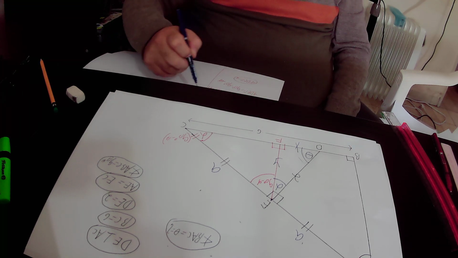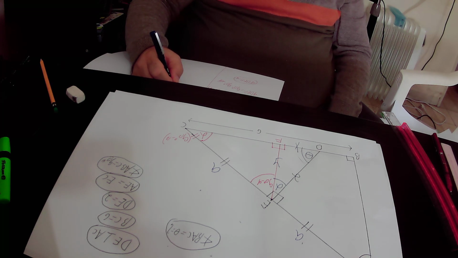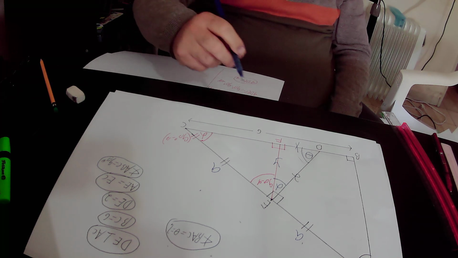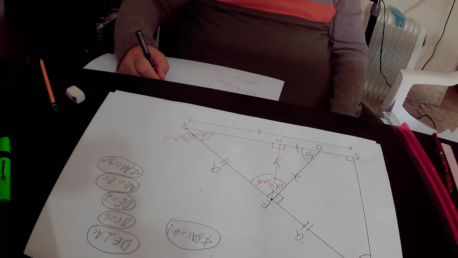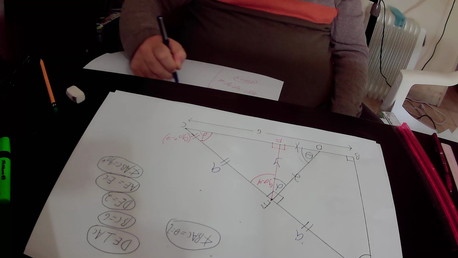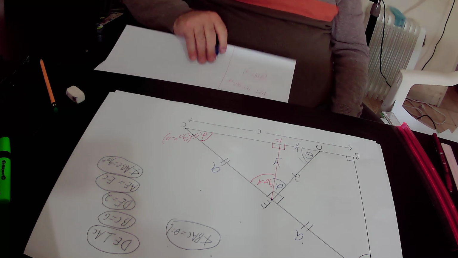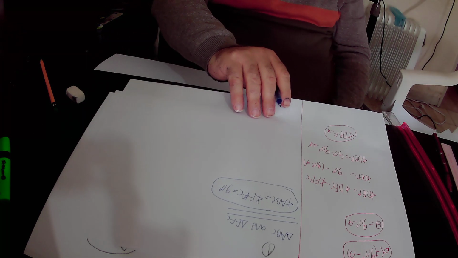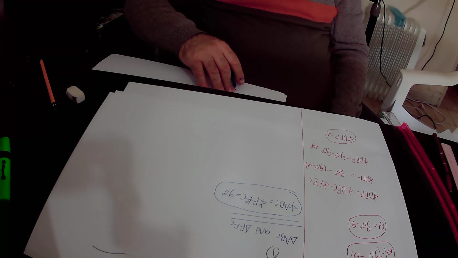So angle ABC of triangle ABC is equal to angle EFC of triangle EFC, and they are both equal to 90 degrees. I'll repeat again. Angle ABC equals angle EFC, and they are both equal to 90 degrees.